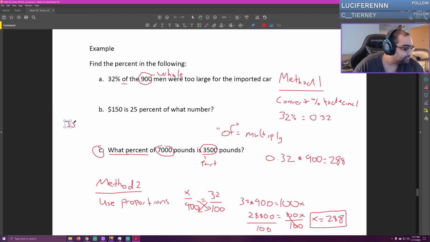All right, we have 3,500 over 7,000 equals x over 100. Cross multiply, we get 7,000x equals 3,500 times 100.